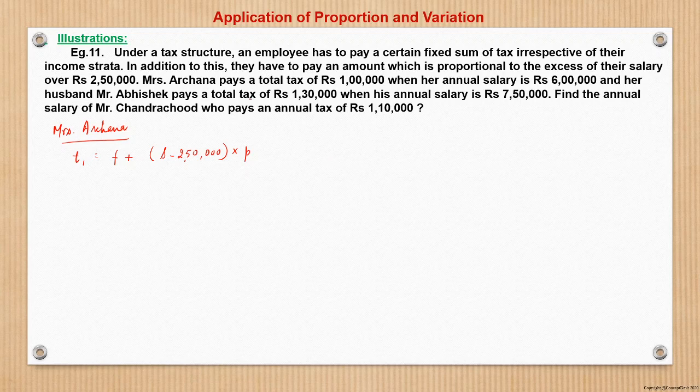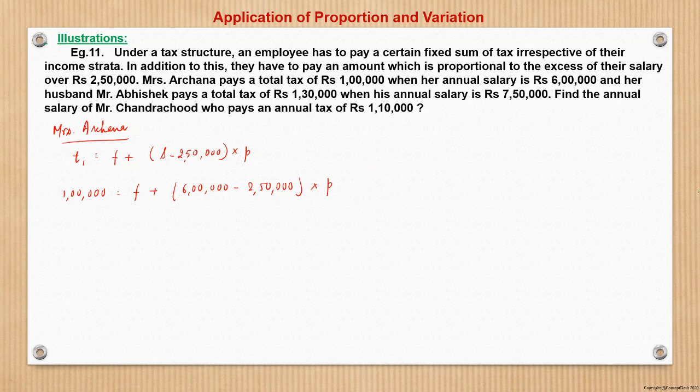Now, in case of Mrs. Archana, she pays a total tax of 1 lakh rupees. And here we do not know what the fixed component is, but her total salary is given as 6 lakhs. So 6 lakhs minus 2,50,000 into proportionality. What is the proportionality here? Let it be P. We do not know, right? And then this is for Mrs. Archana.